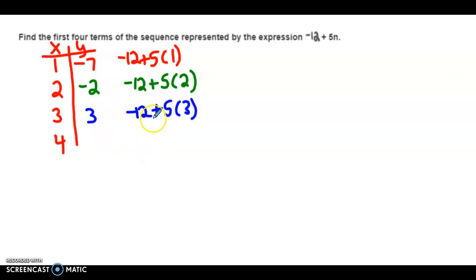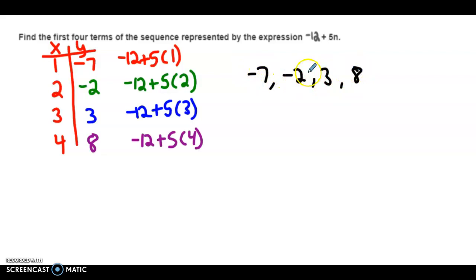And then I'm going to plug in a 4. Negative 12 plus 5 times 4. 5 times 4 is 20. 20 minus 12 is 8. So the first 4 terms may just be written as negative 7, negative 2, 3, 8. You don't have to make it a table like I did. That's just usually how I think.